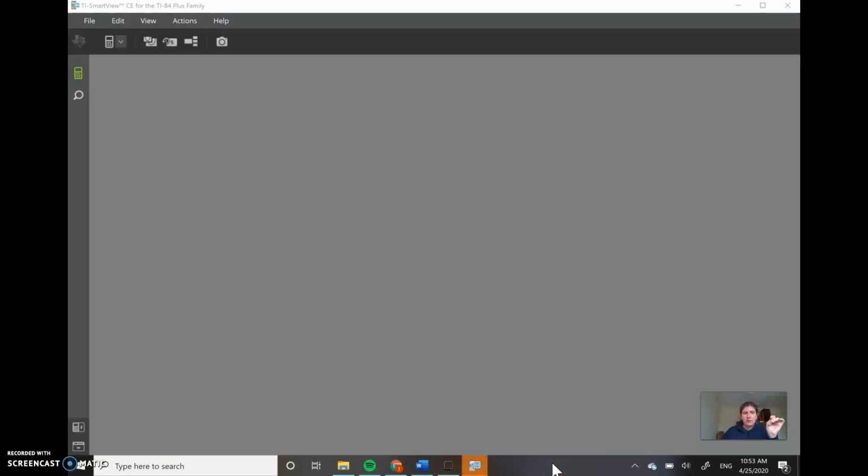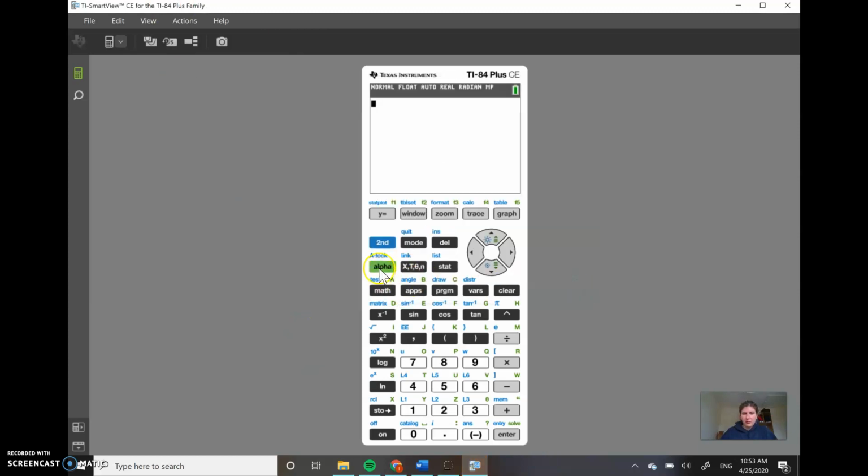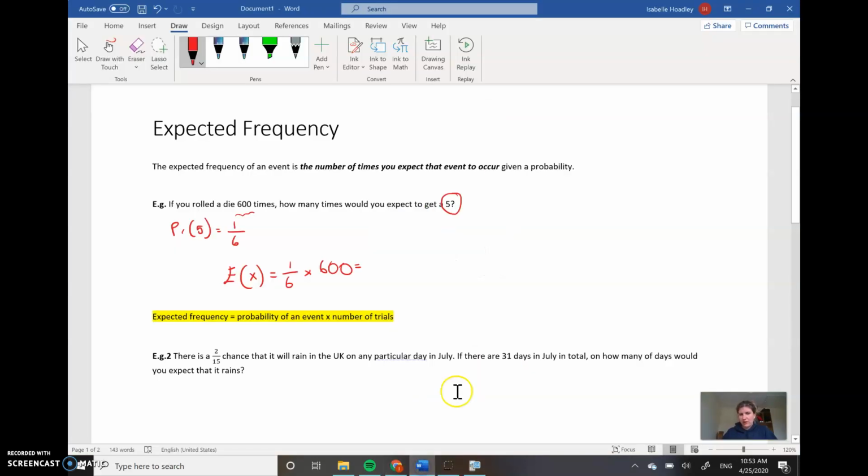I'm going to get my fraction button up and do 1/6 times 600. A 1/6 of 600 is obviously 100, which is what our answer is going to be. You should be able to do that in your head without a calculator, but it is there if you need it. So that's 100 times.